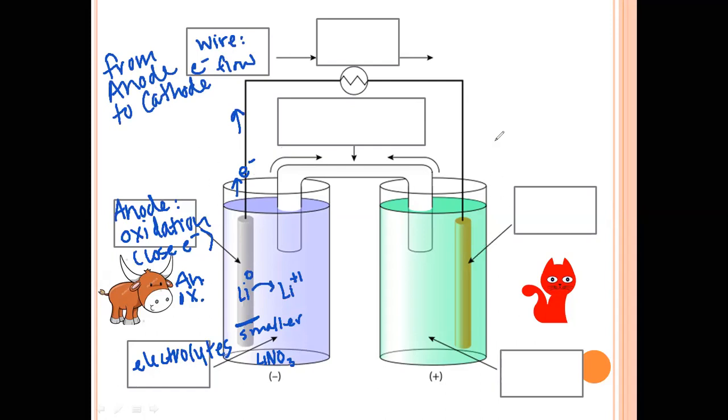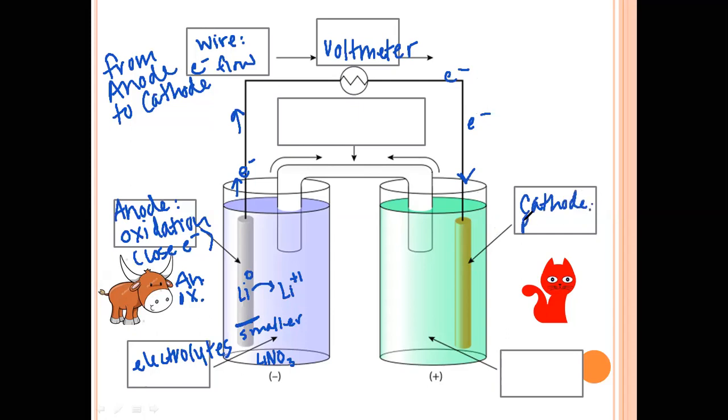If the electrons were flowing right to left, the anode would be on the right. Okay, and then up here we have a voltmeter. So it's just going to measure the voltage. So electrons still going this way into our next electrode, which is called the cathode.